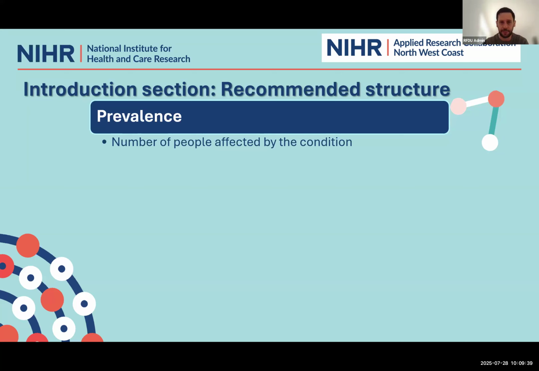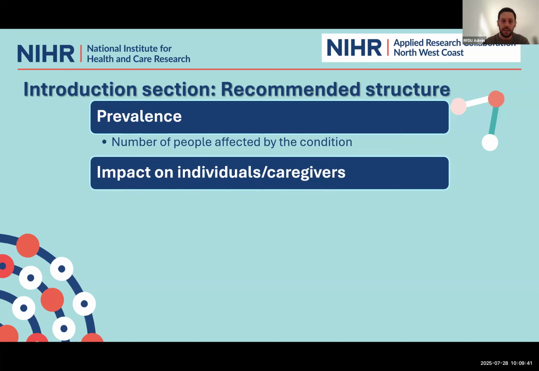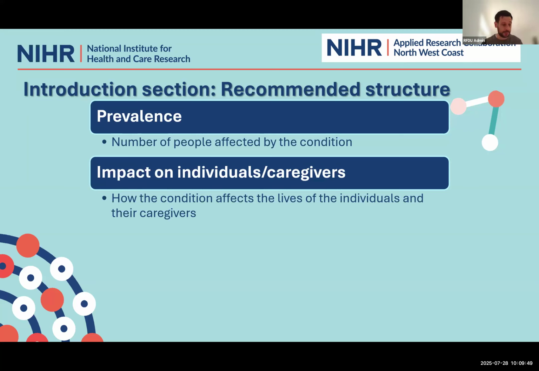That means the number of people affected by the condition. In the same way, we are going to give some information again regarding the impact on the individuals and caregivers. Of course, a condition can be quite debilitating, can have some physical, mental health impact on people. So we're going to try and detail those repercussions and those consequences which affect the life of the individuals and also the caregivers.